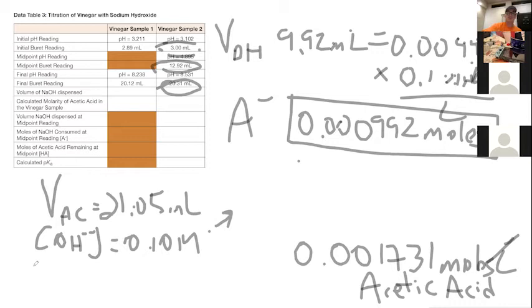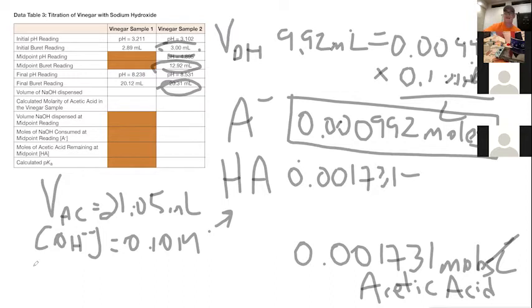So the number of moles of acetic acid halfway through must be 0.001731 minus 0.000992. And that equals 0.000739.